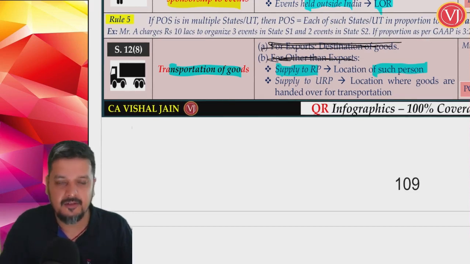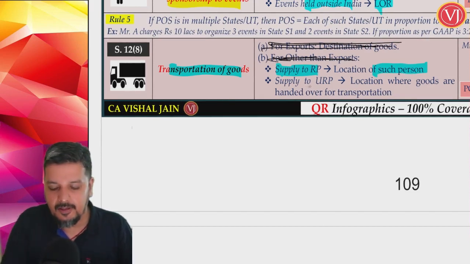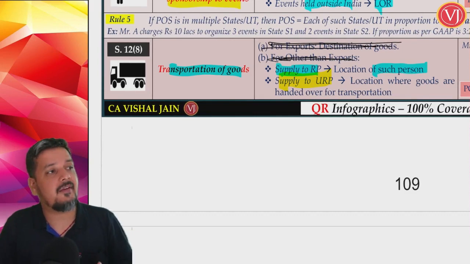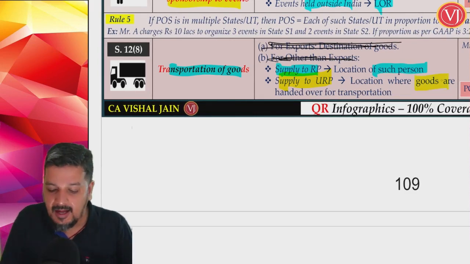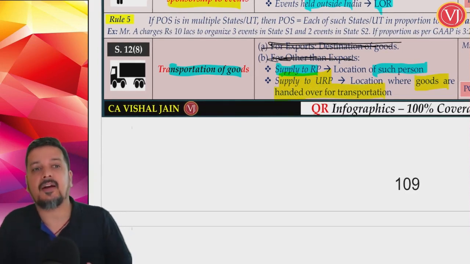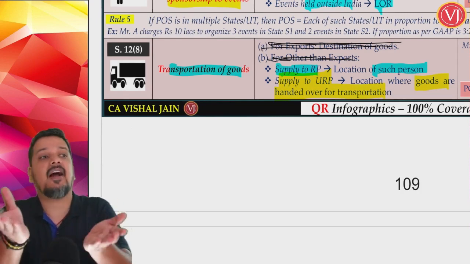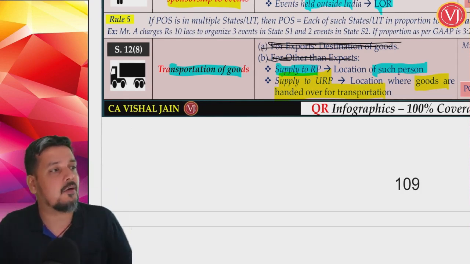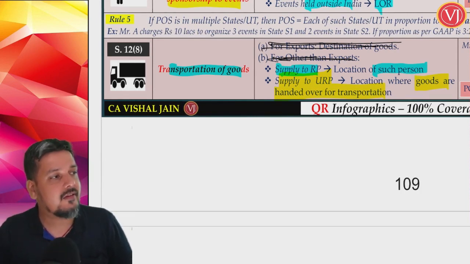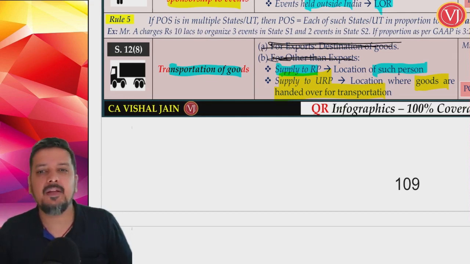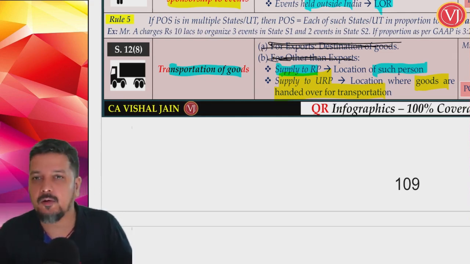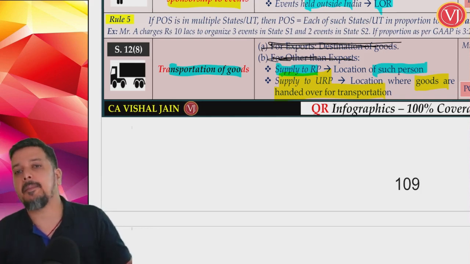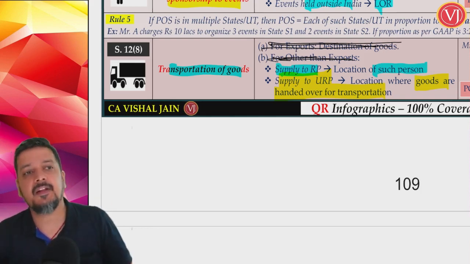If it is B2C, location where the goods are handed over for transportation. In simple language, starting point of the goods, not end point of the goods. Location where the goods are handed over for transportation means starting point of the goods. If it is B2B, simple, wherever the recipient is located, location of registered recipient. If it is B2C, supposing the goods are moving from Tamil Nadu to Maharashtra, recipient is Maharashtra registered.